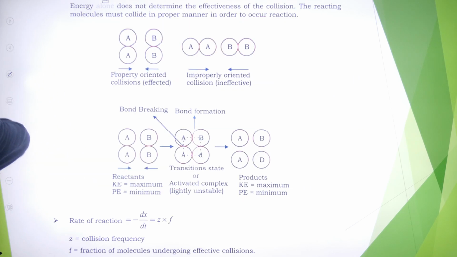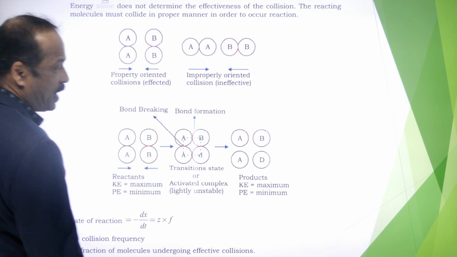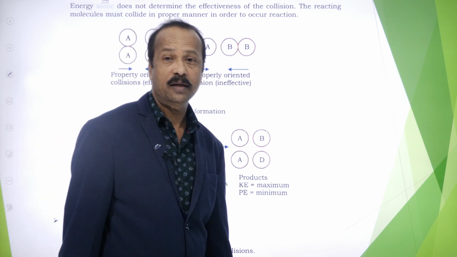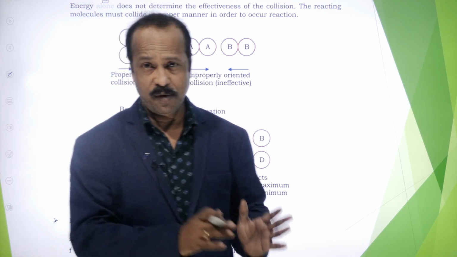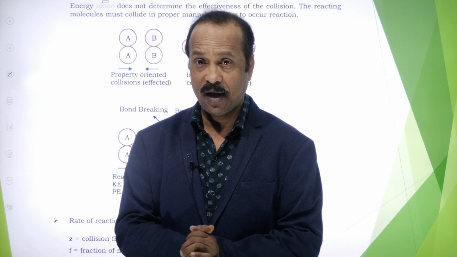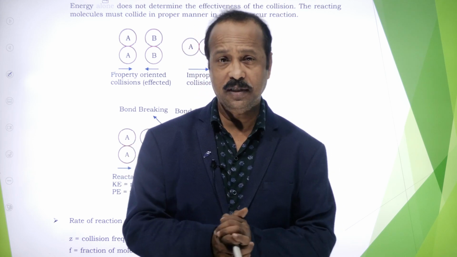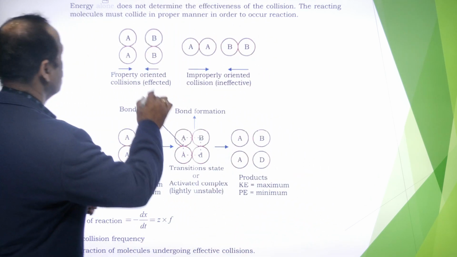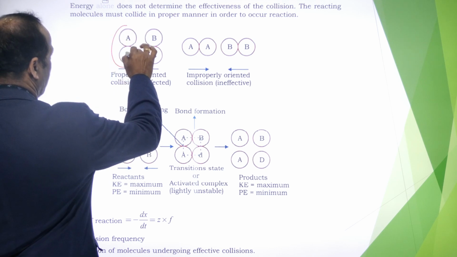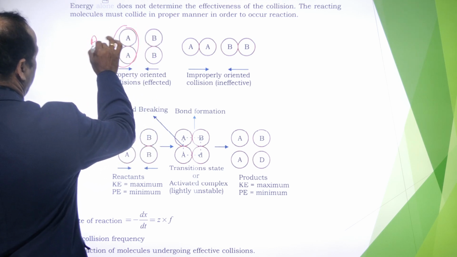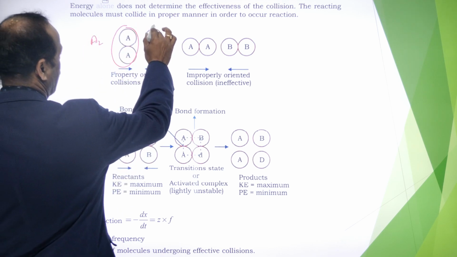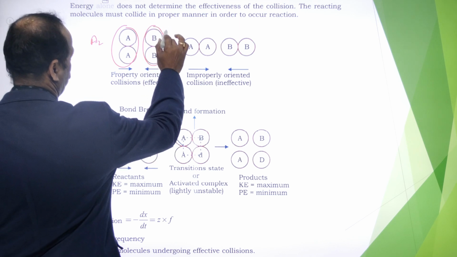Clear? Now, what is the orientation barrier? Orientation barrier means what? That energy barrier is one reason. Now for example, you see, there is one molecule here, called A2. Another molecule is called B2.